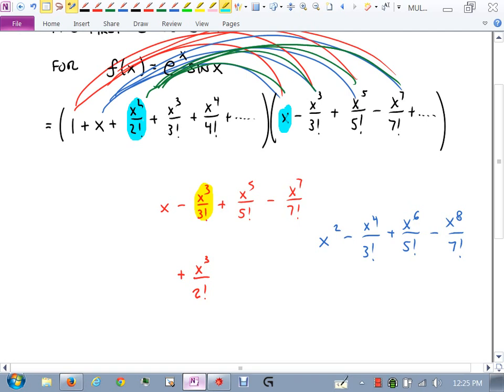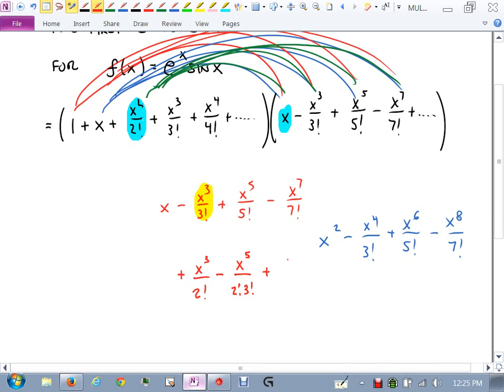Now do the x squared over 2 factorial times x cubed over 3 factorial. That's what? So negative x to the 5th over, you put 2 factorial times 3 factorial. Okay? And what would the next one be?